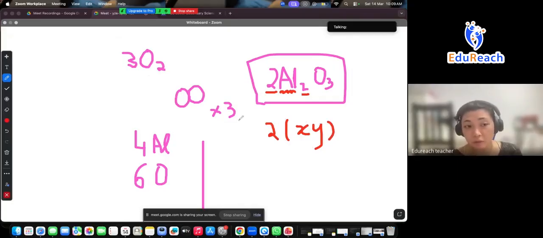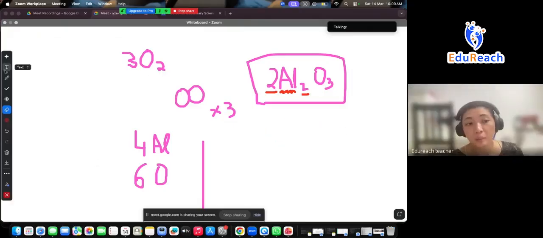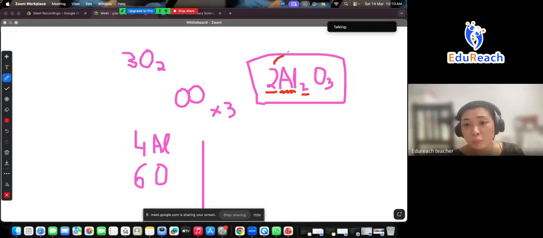Agree? Yes or no, Rizky? Yes. So you apply the same principle to chemical formula. The 2 has to be applied to the Al2.